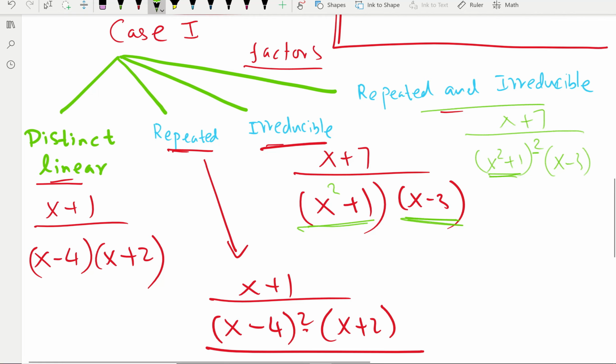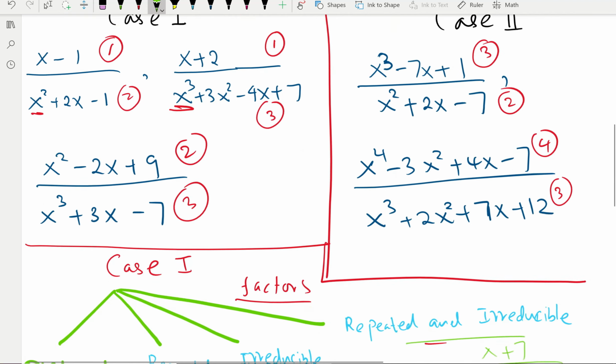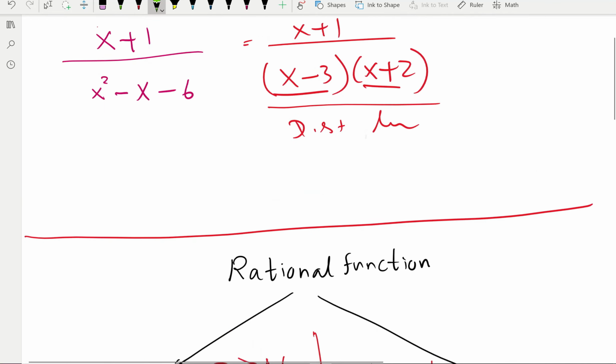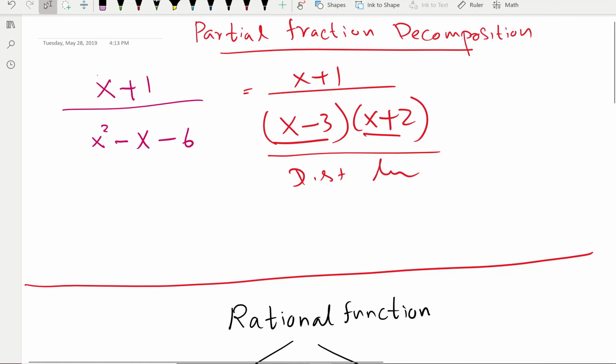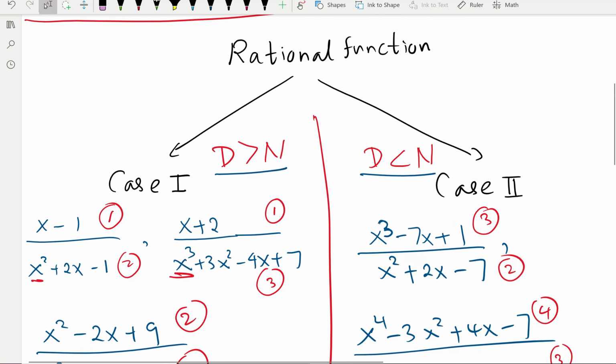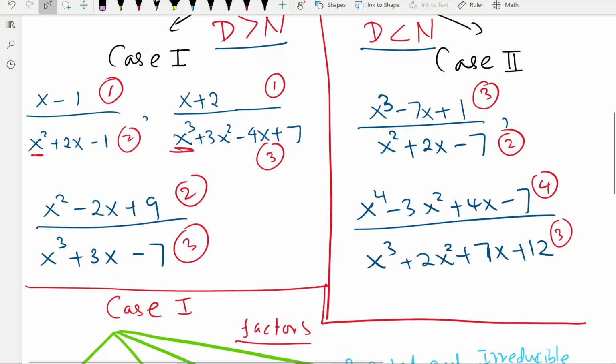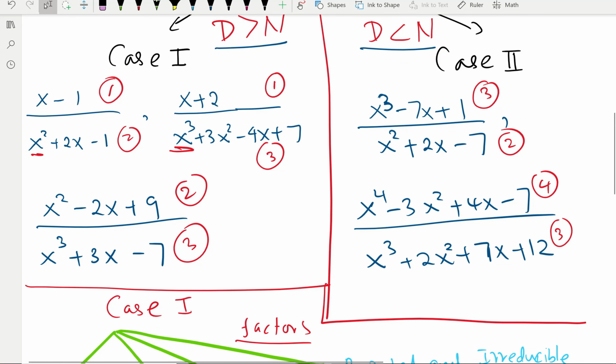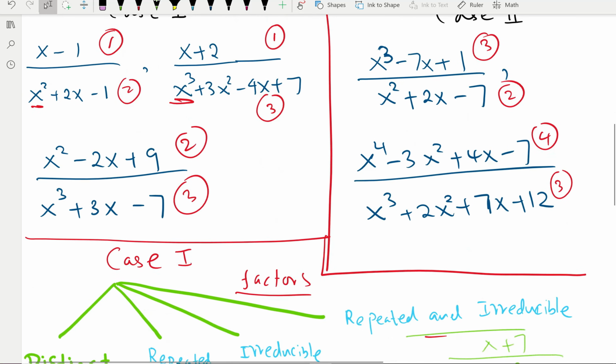Let's quickly summarize what we learned in this video. In partial fraction decomposition, we have 2 types of rational function. One, where the denominator degree is larger than the numerator. Next, where the denominator degree is smaller than the numerator. Let's talk about case 1 for now. Case 1 means the denominator degree is larger than the numerator. The first thing you do is take the denominator and factor it as much as possible.